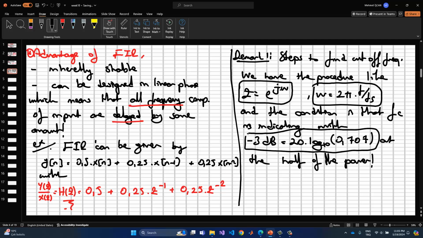This is the same as with the continuous case. In this case we only look at the magnitude response to catch the half power point, just like in the continuous domain.